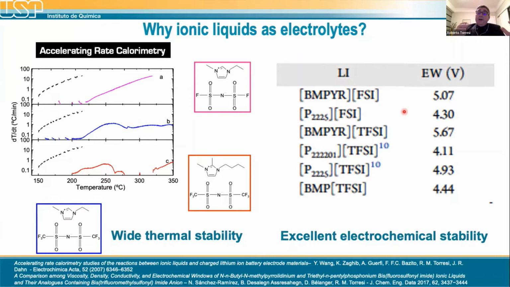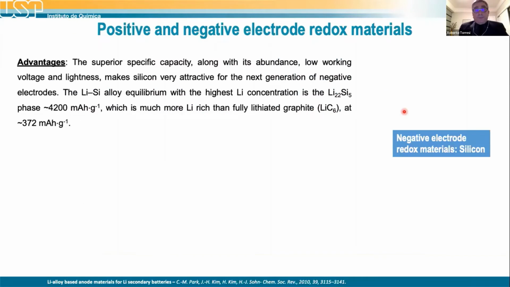So you have a good thermal stability and an excellent electrochemical stability, and these are the main properties that are really nice to try to build and synthesize ionic liquids that can be used in a good way in batteries.